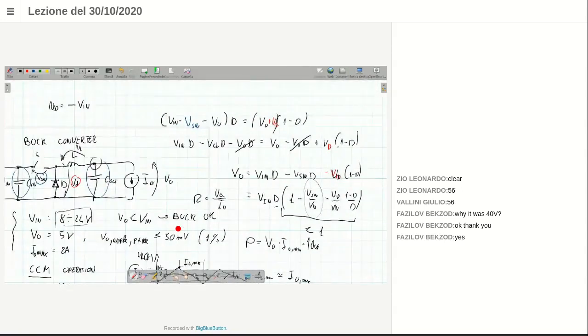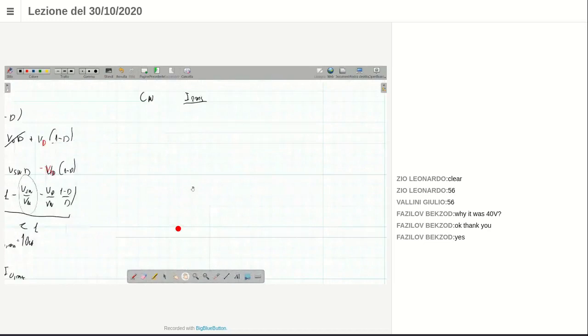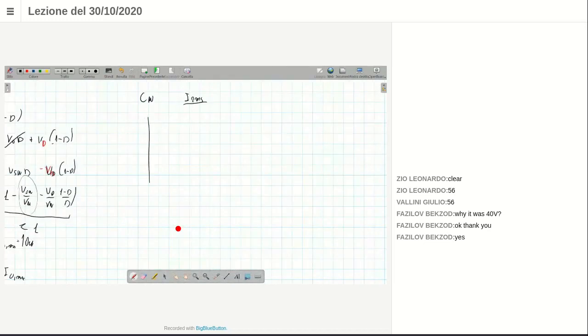Well, first of all, since the current flowing through the capacitor is the inductor current minus the load current, basically we have that the load current is a DC current, while the inductor current is, this is IO, this is IL, we get that the capacitor current IC is basically the AC component of the inductor current.